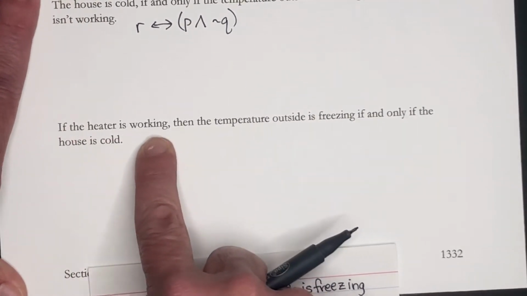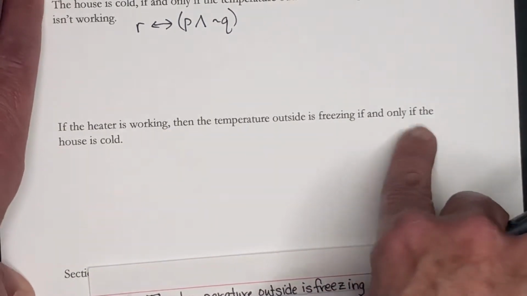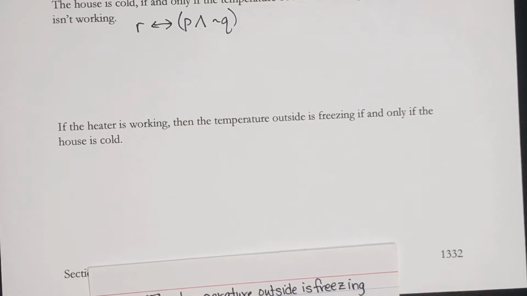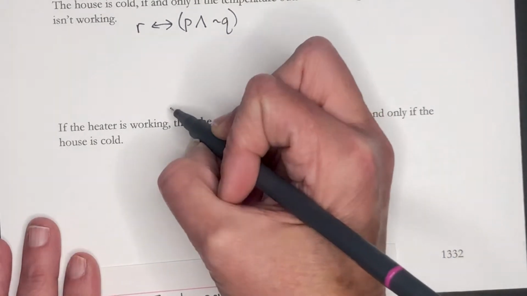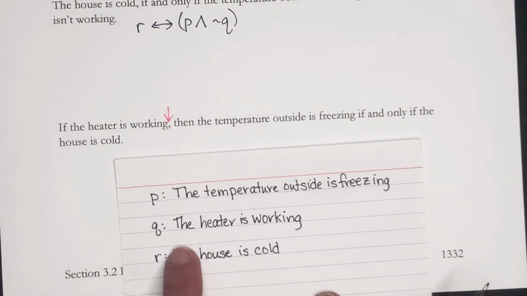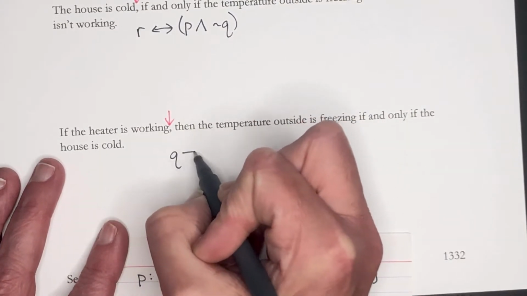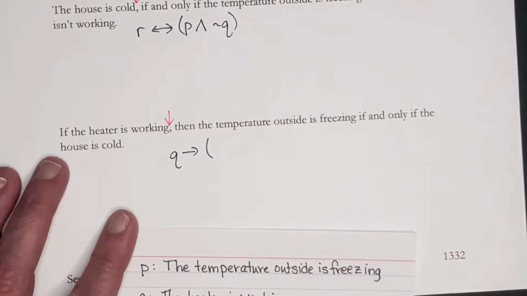If the heater is working, then the temperature outside is freezing if and only if the house is cold. Comma right there. Okay. If the heater is working, that would be if Q, then we're going to have parentheses.